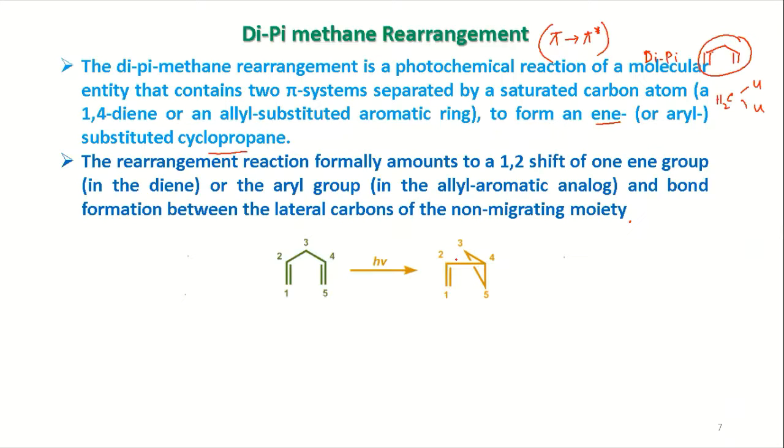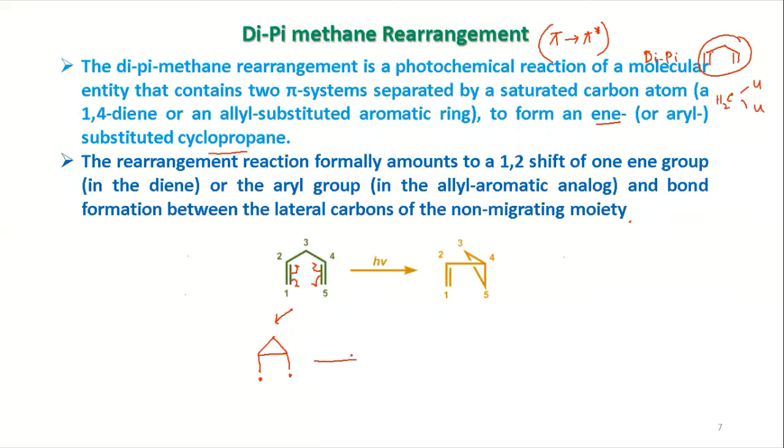Okay, so in this case, what we see, if you do photolysis, you have the formation of this initial cyclopropane with 2 radicals. Now these 2 radicals can undergo further reaction.